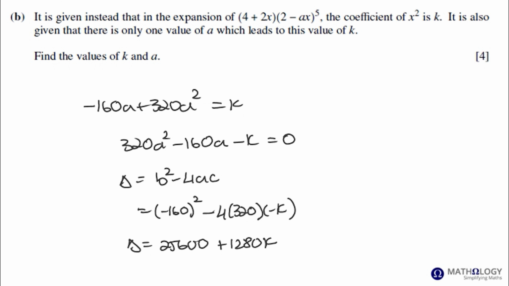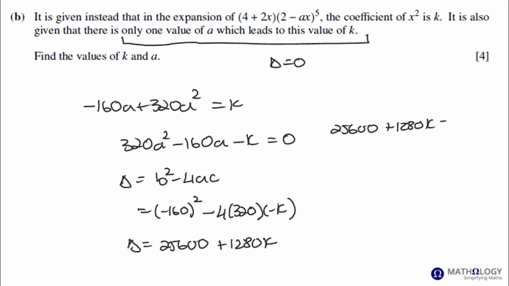Now they say that there's only one value of a which leads to this value of k. So they're talking about equal roots, in other words, delta equals 0. So 25600 + 1280k equals 0. Therefore, k equals −20.